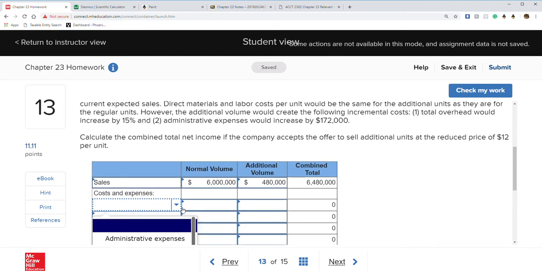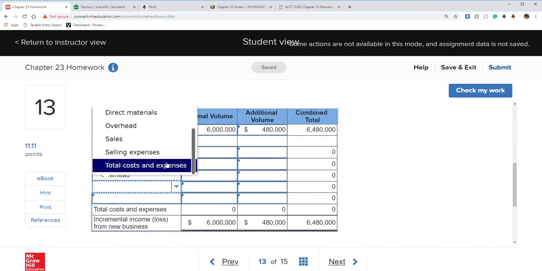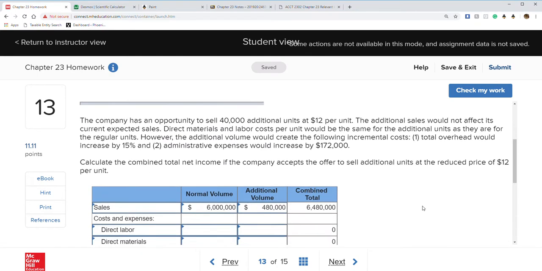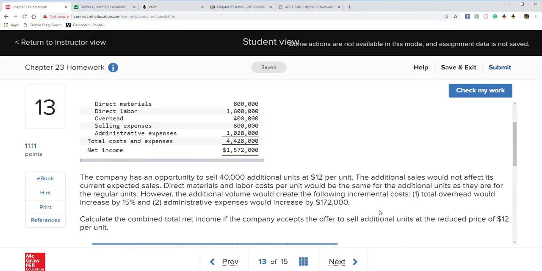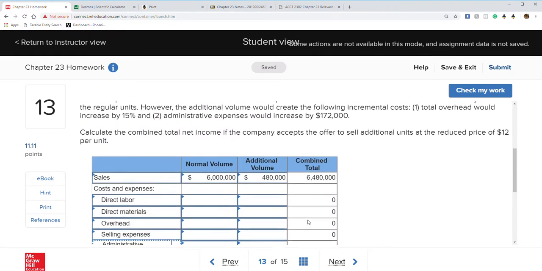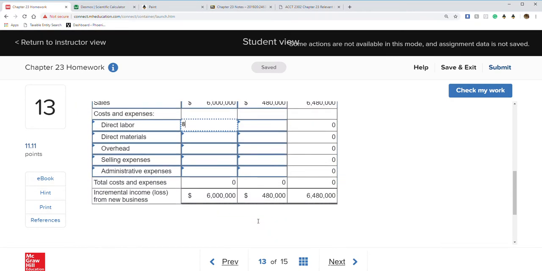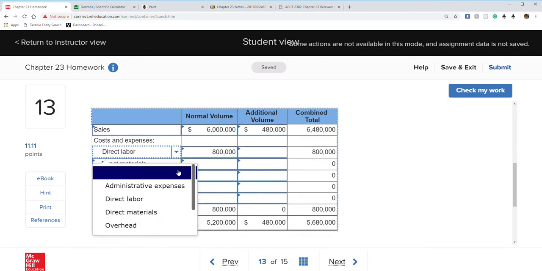Okay, cool. Next, direct labor, direct materials, overhead, selling expenses, and administrative expenses. It's all of our expenses right there. Cool. So again, we're just copying these as they go. 800,000. Direct materials is, oh, I had these switched. Go ahead and fix these.